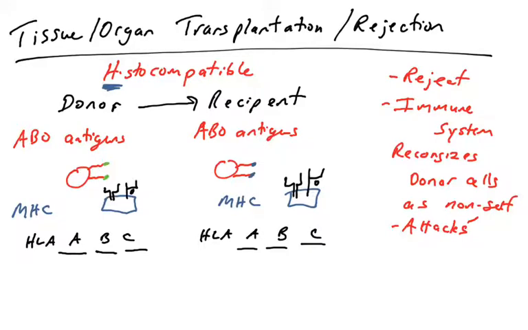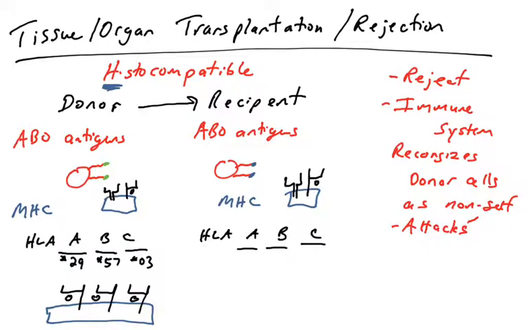So what do we mean by compatibility? You have to recall that there are hundreds, if not thousands, of different alleles or allotypes of these genes. So I've given here an example. The donor, let's say, has HLA A version 29, B version 57, C version 03.